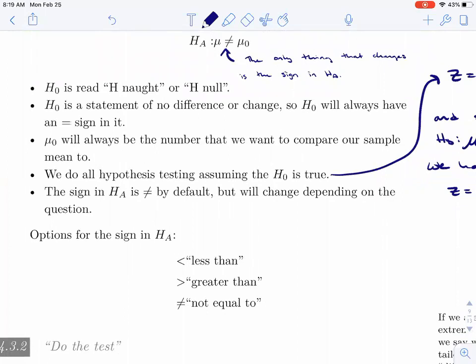The default is going to be not equal to, right? So you're saying either two things are equal or they're not equal to each other. Right? Depending on the question, okay, you could have less than or greater than, right?